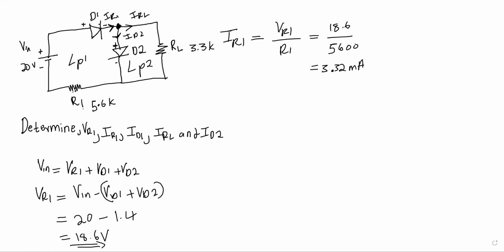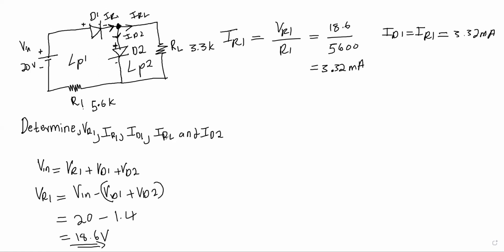Since ID1 and R1 are in series in loop 1, they share the same current, so ID1 is equal to IR1, which is 3.32 milliamperes.